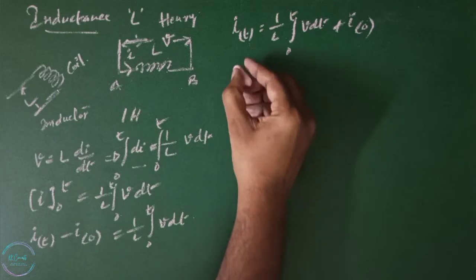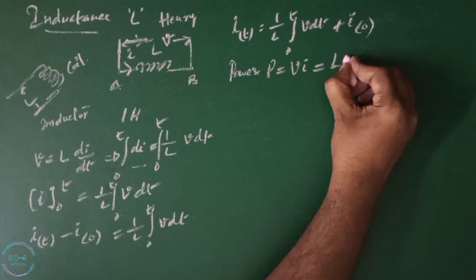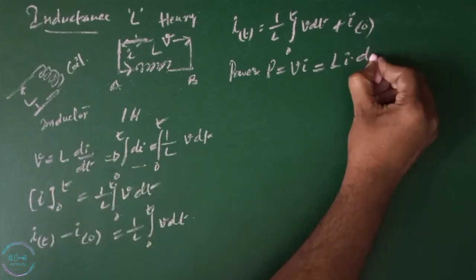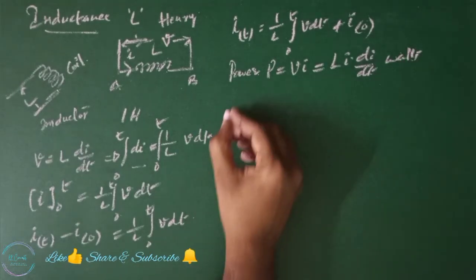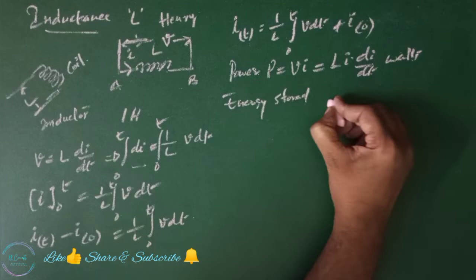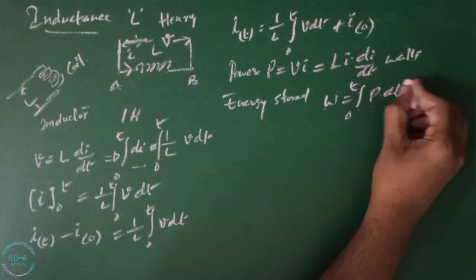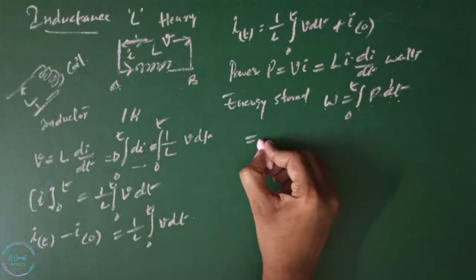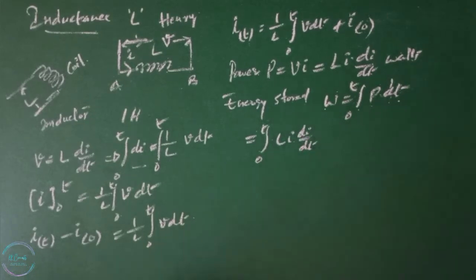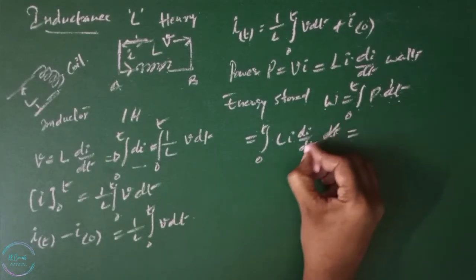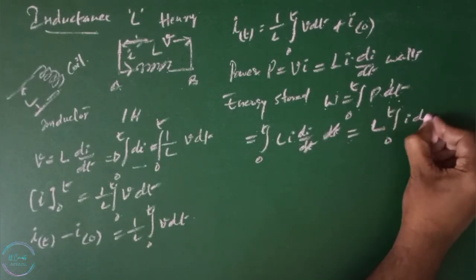So the power absorbed, P, is given by V I, that equals L I di by dt watts. Now the energy stored, W, is given by integral 0 to t of p dt. Substituting the value of p, integral 0 to t of L I di by dt dt, so L integral 0 to t of I di.